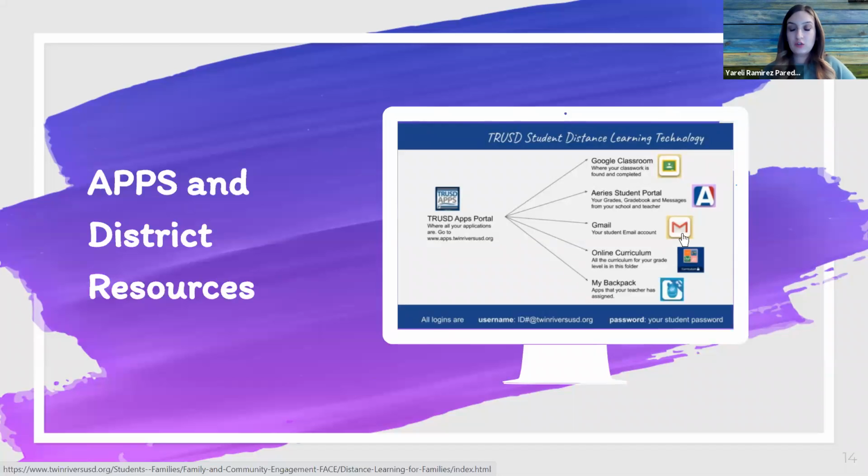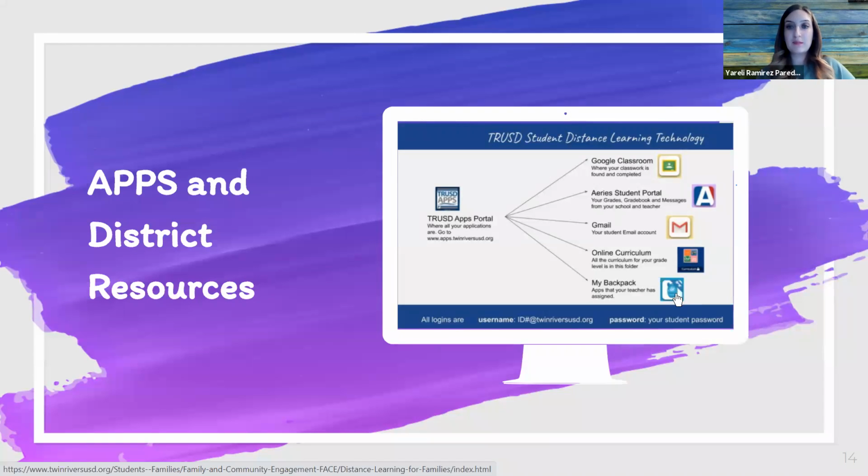And moving into our online curriculum, this is the curriculum that your child's teacher uses. It can be found here, such as language arts, science, social studies, math, iReady, Imagine Learning, typing, and some more apps.